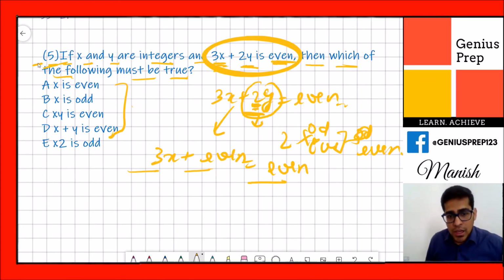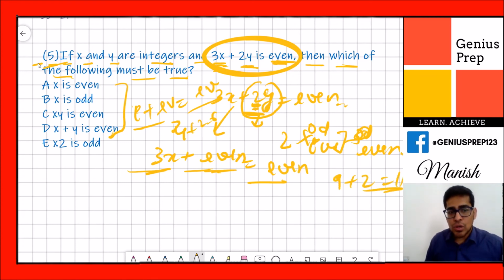So now you know the property of even numbers. Even plus even is equal to even only. Like 4 plus 2 is 6, but have you seen 9 plus 2 is equal to 11? So this number has to be an even number, and then this equation will work.